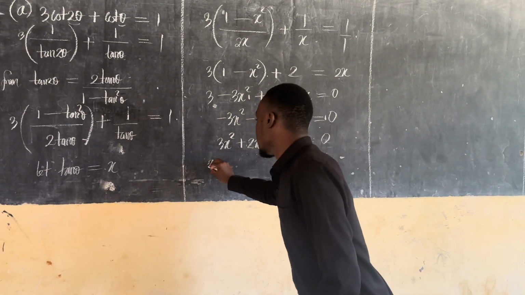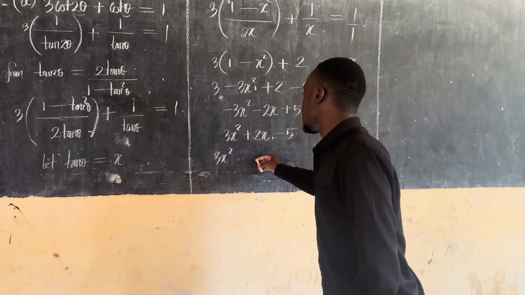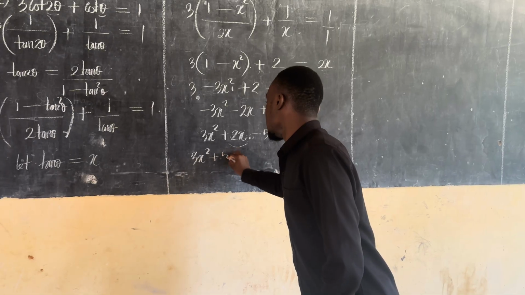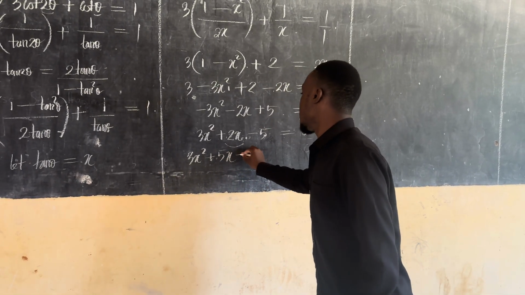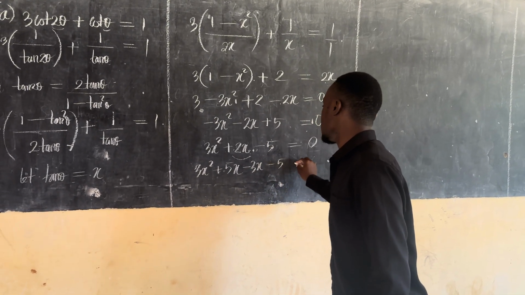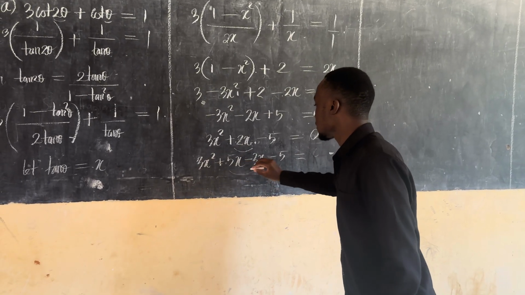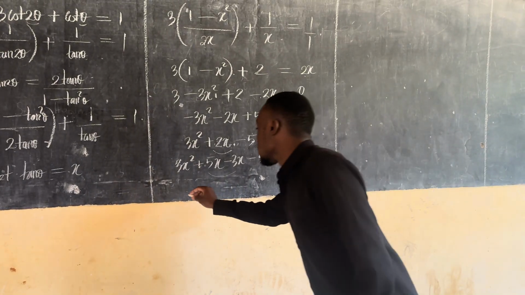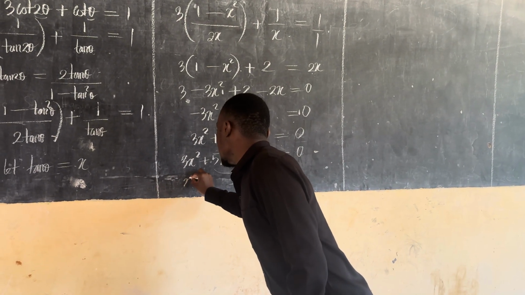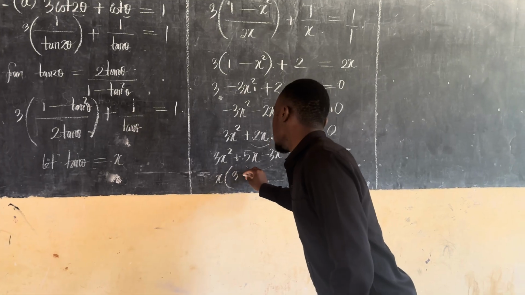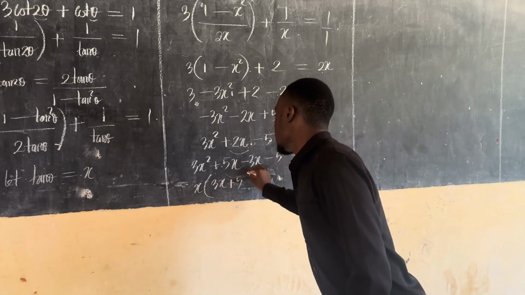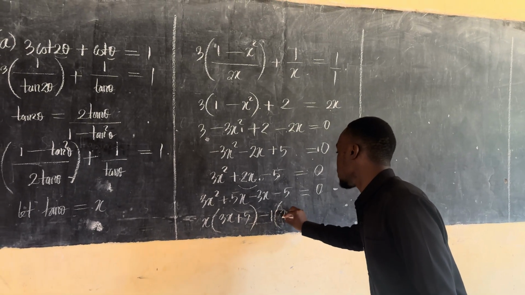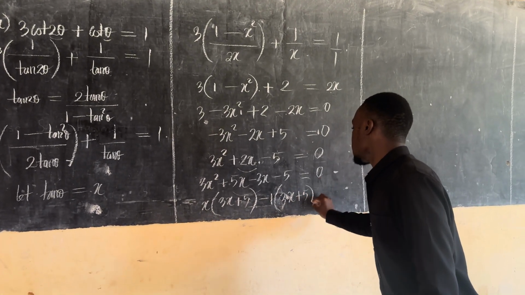So we can look at the 2x as a positive 5x minus 3x, minus 5. We pull out x, remaining with 3x plus 5. We also pull out a negative 1, remaining with 3x plus 5, equal to 0.